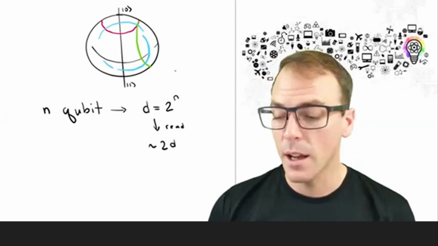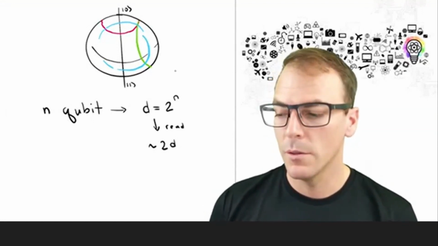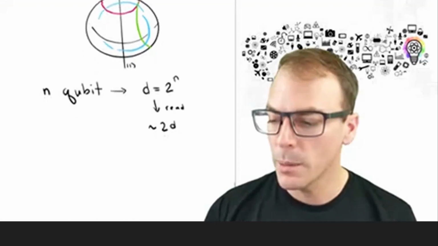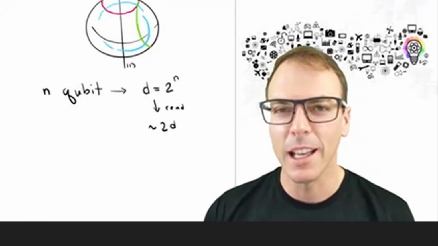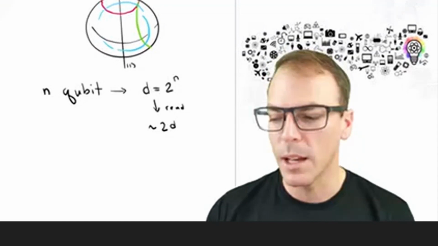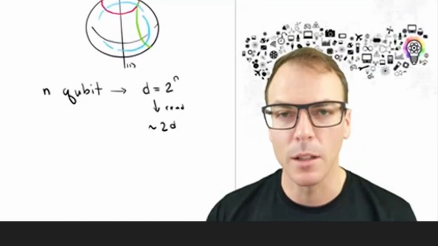And so that's exponentially many different kinds of measurements for n qubits. And at this point, you might be wondering, what is the point of any of this quantum information stuff at all? If I can't even read quantum data, what is the point of encoding information in quantum data?